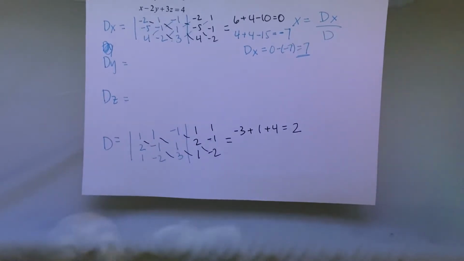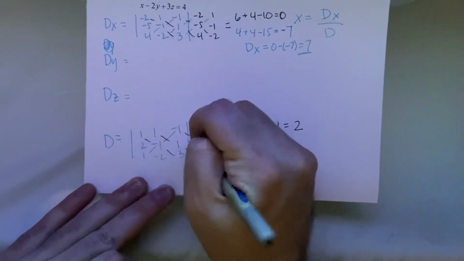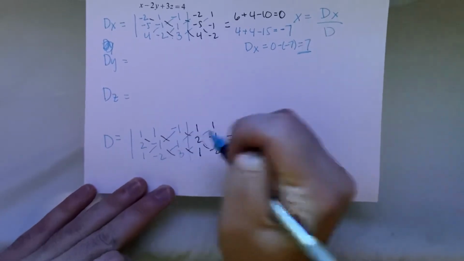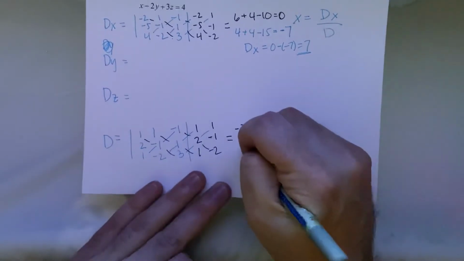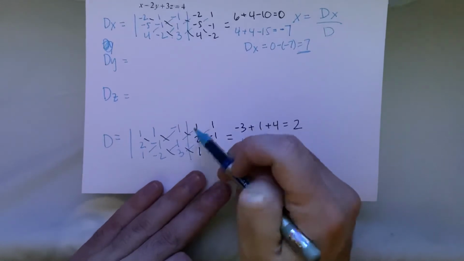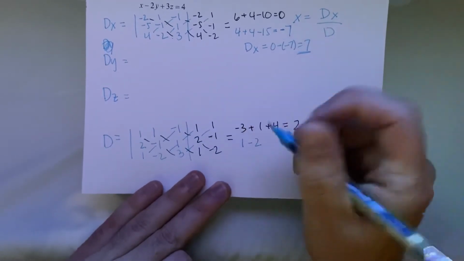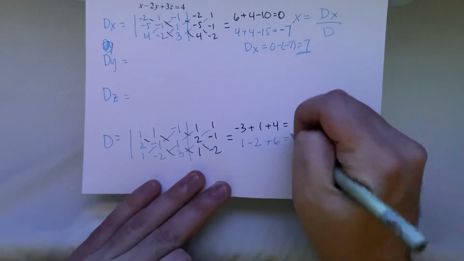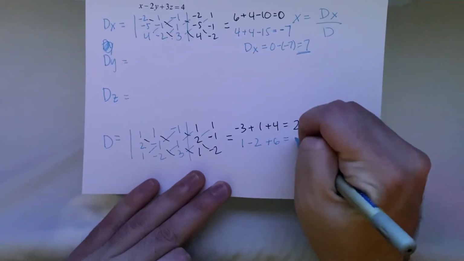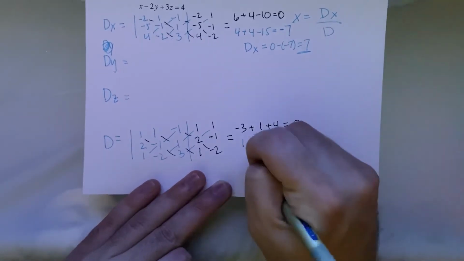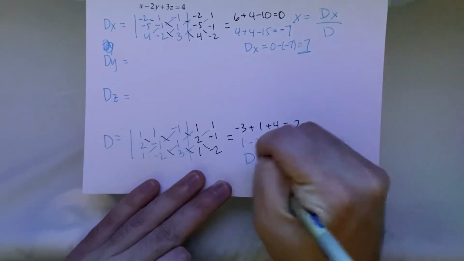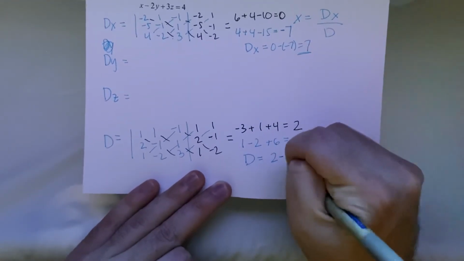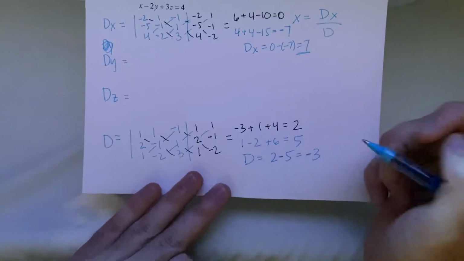Going top right to bottom left: negative 1 times negative 1 times 1 is 1, 1 times 1 times negative 2 is negative 2, 1 times 2 times 3 is 6. That's a total of 5. So d is 2 minus 5, which is negative 3.